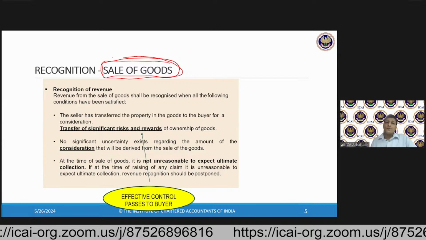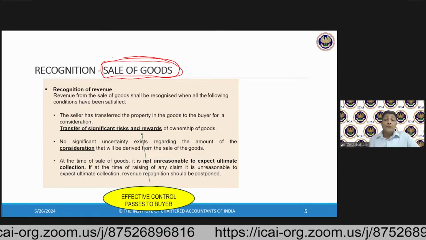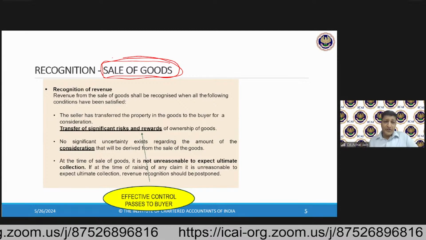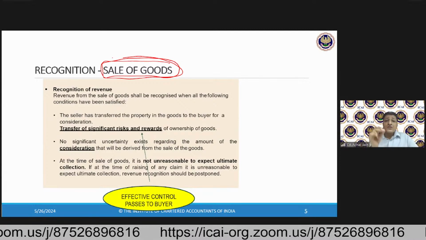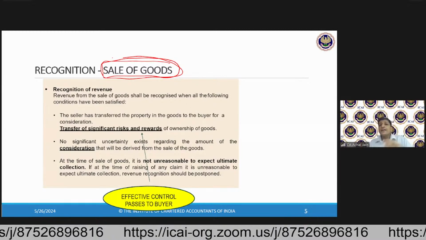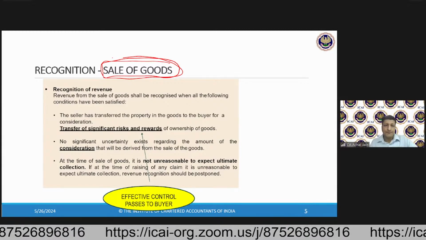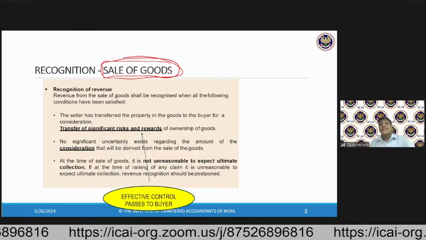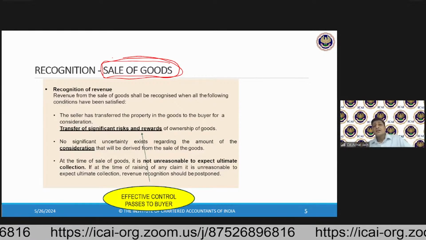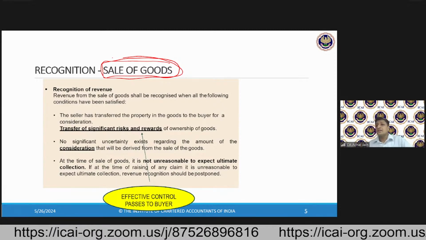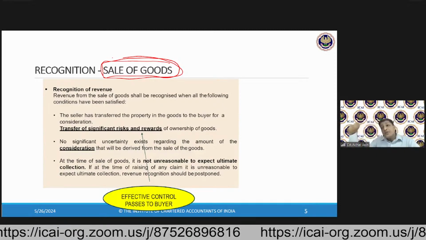Okay, so now a very important consideration around revenue recognition is the transfer of significant risk and reward in relation to those goods. What is the first requirement? That the significant risks and rewards which are attached to that particular item should get transferred to the customer.